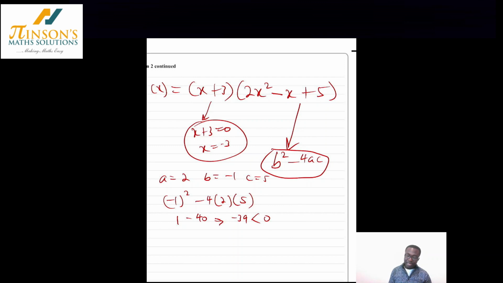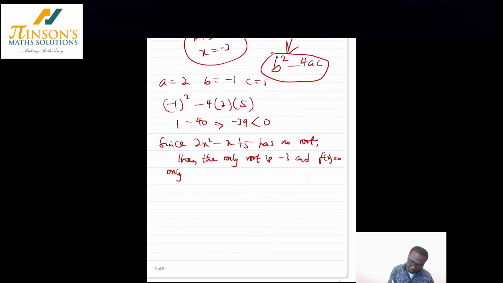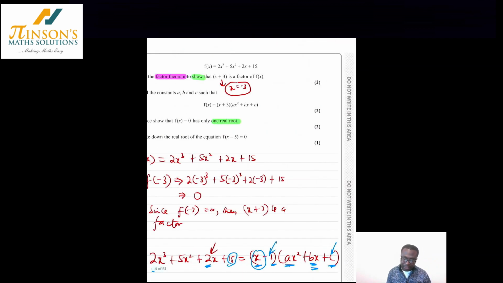Since 2x squared minus x plus 5 has no roots, then the only root is minus 3, and f of x equal to 0 only has one root. Okay, so we have answered the question.